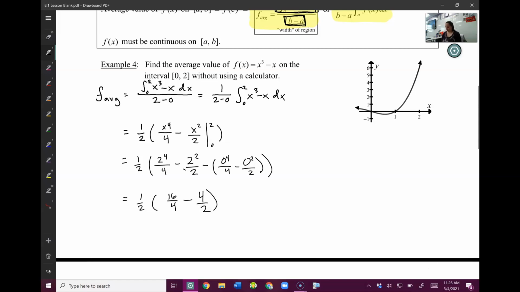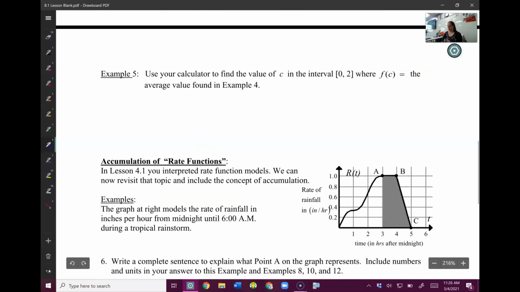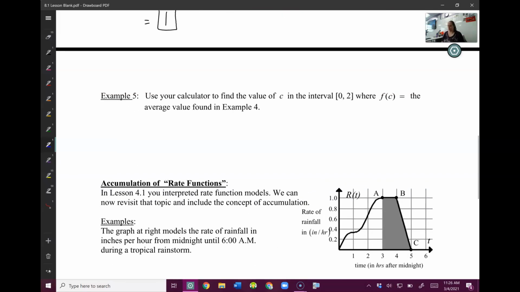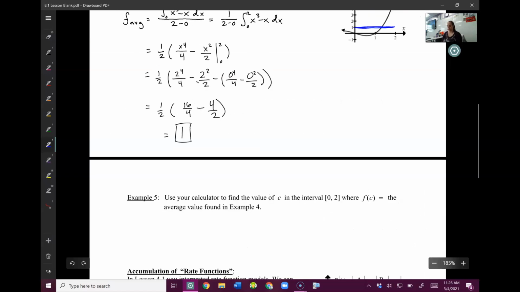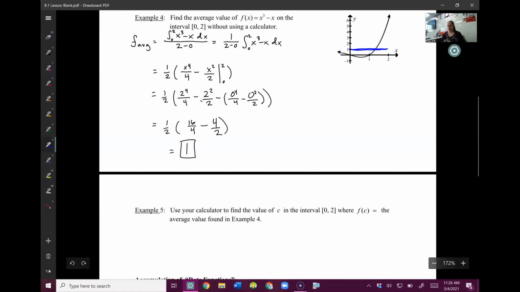And when we simplify all that, we get 1. So the average height for this function from 0 to 2 is there. That's on average where the height is. Okay, let's try one more example for this video, that links with this problem.